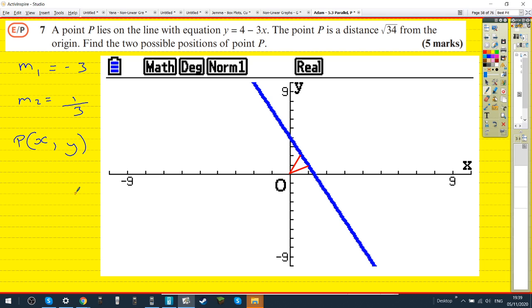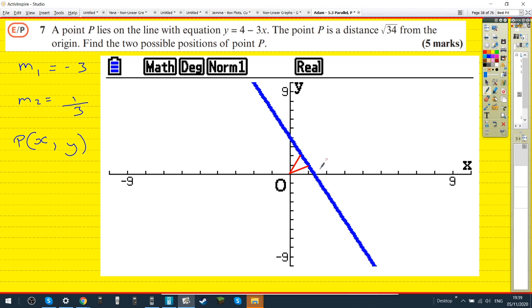When you write P is x comma y, what does that mean? We're trying to find the point P, on the line. Would you write y equals a third x plus c? No, I think it's not perpendicular.